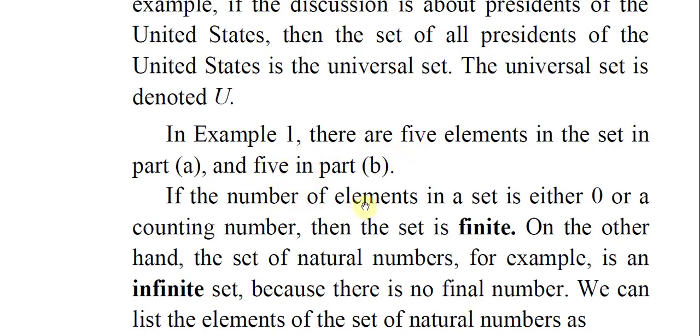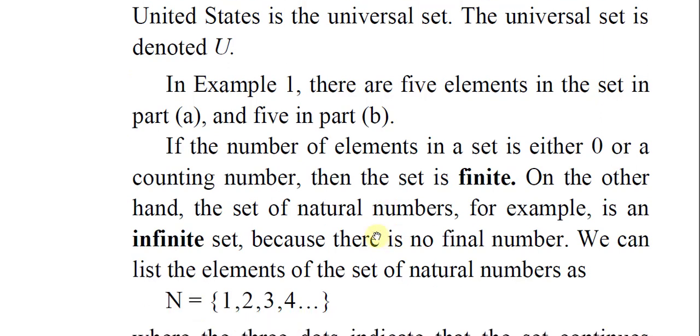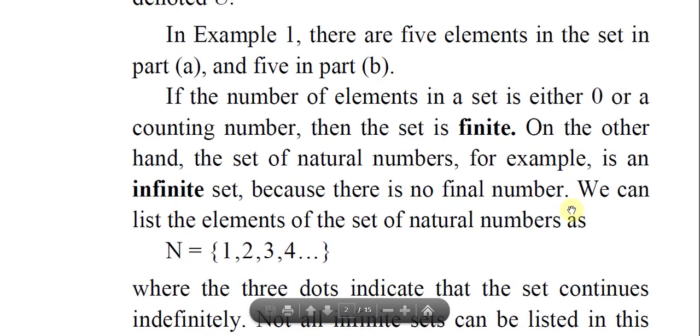If the number of elements in the set is either 0 or a counting number, then the set is finite. On the other hand, the set of natural numbers, for example, is an infinite set because there is no final number.